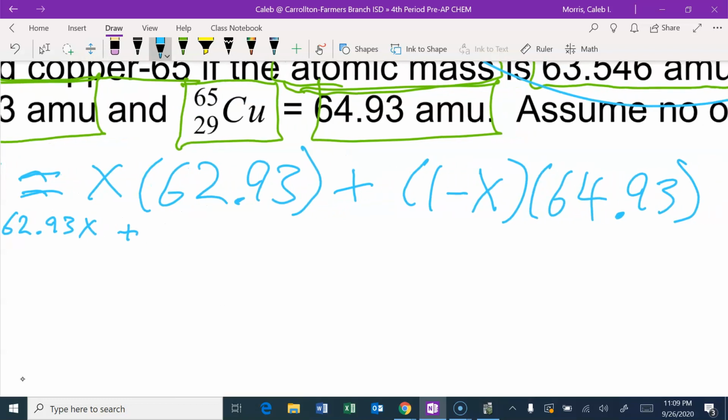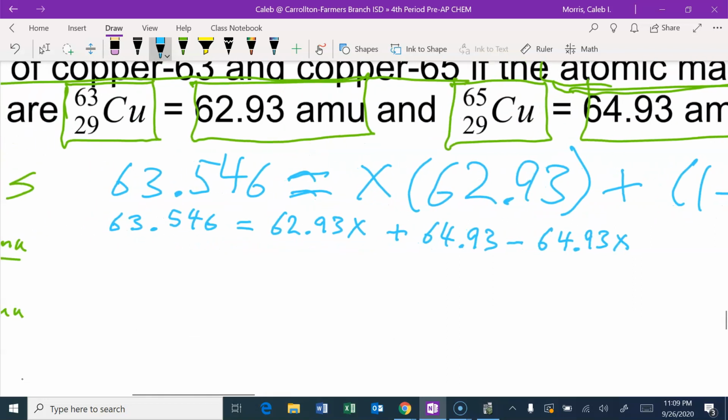Well, if I distribute that, 64.93 times 1 is 64.93. And then it's 1 minus X, so that's a negative X. I'm going to have to put minus X times 64.93, which is just 64.93X.